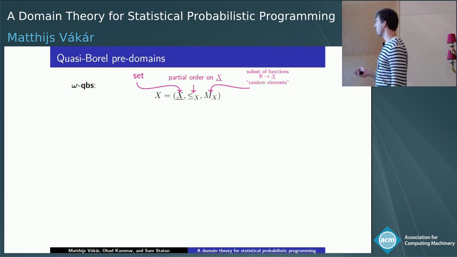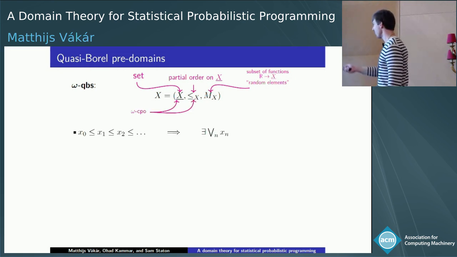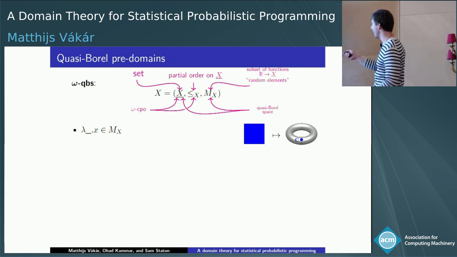Right, so what is a quasi-Borel predomain? It is a set with a partial order and a set of functions from the reals into our set that we call random elements. The partial order has to be an omega CPO, so we can take lubs of omega chains. The random elements have to form a quasi-Borel space, so that means that constant functions are random elements.